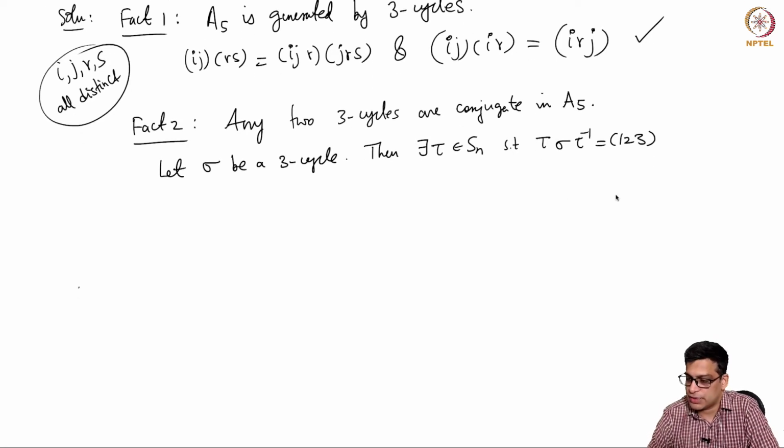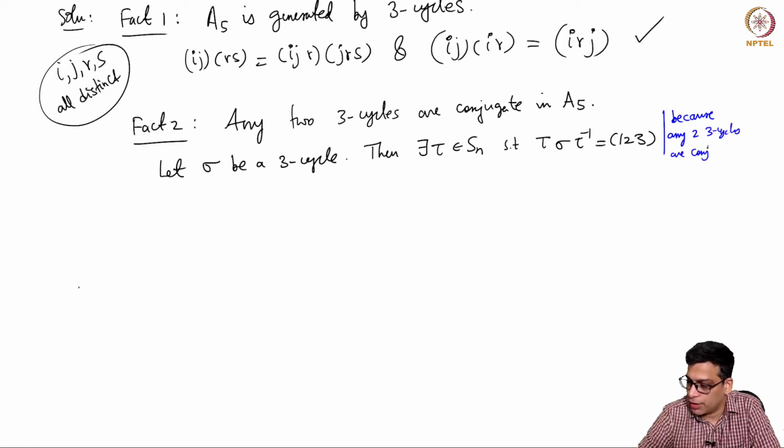This is because any 2 3 cycles are conjugate in Sn. In fact, any 2 permutations which have the same cycle decomposition are conjugate in Sn. So conjugacy classes in Sn are determined by the cycle decomposition. This is a general fact.